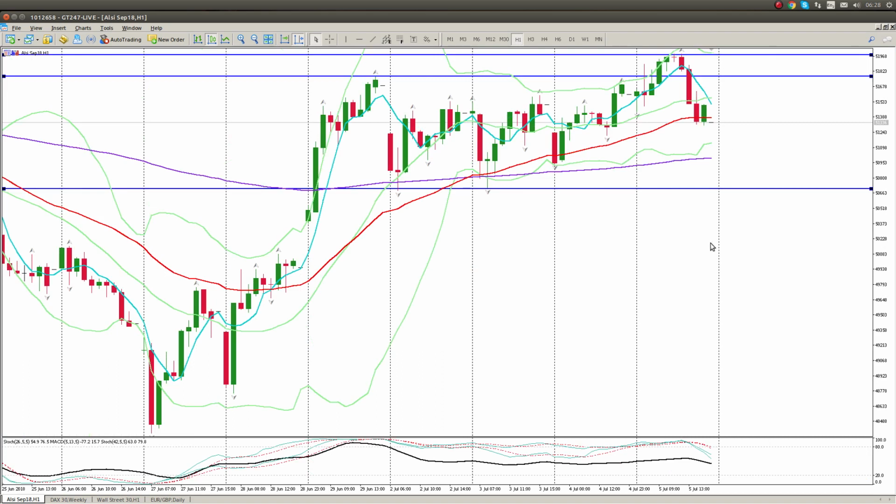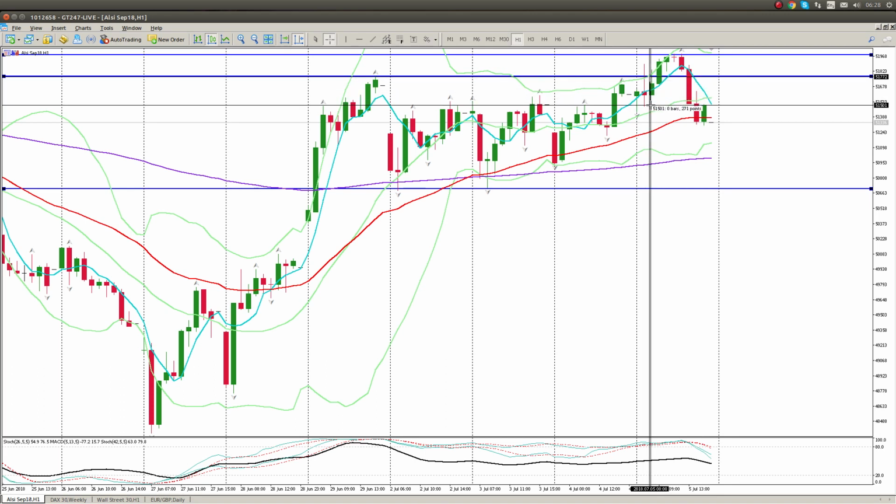Looking at the hour, I think here you'll see this is the level that we were looking for. If you had an order in there, you would have been filled, but it didn't materialize much. I mean, you would have got around 200 points on that.